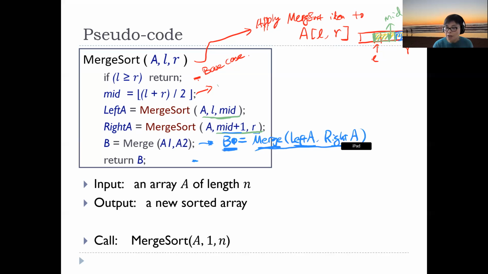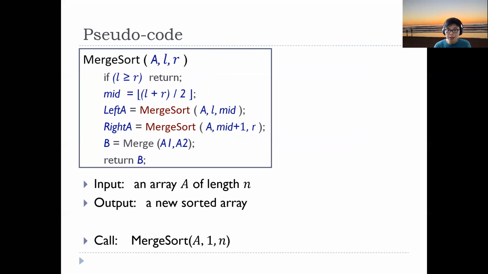After you sort the green portion and after you sort the blue portion, you use the merge procedure to merge them into a single sorted portion. And then you return that, that's it. So this is what we have. As we can see, this is a recursive algorithm because we call the same algorithm recursively but on a smaller problem.